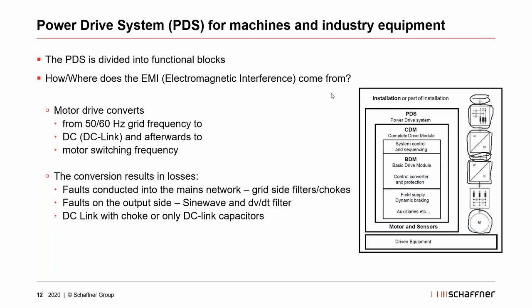In general, EMI problems occur with this AC-DC and DC-AC conversion, because we have a frequency of 50-60 Hertz coming in, and then we need to adapt to a motor switching frequency which is higher, usually around 4 kilohertz or even higher.